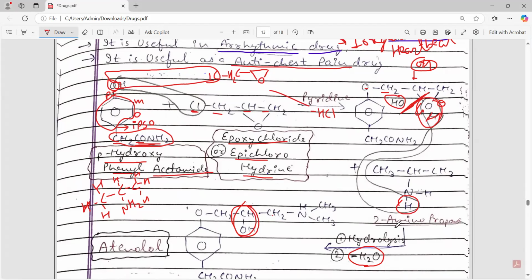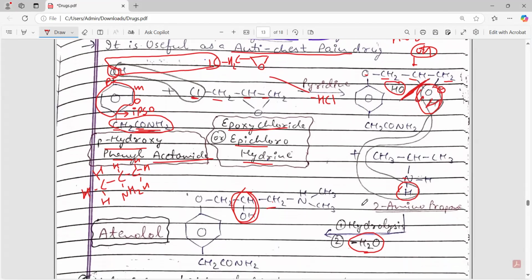Minus H2O brings about the CH2, CHOH, CH2, NH, CH3, CH3. So you will get atenolol.